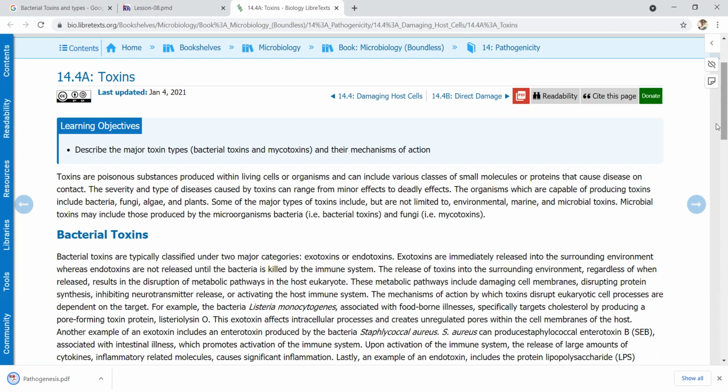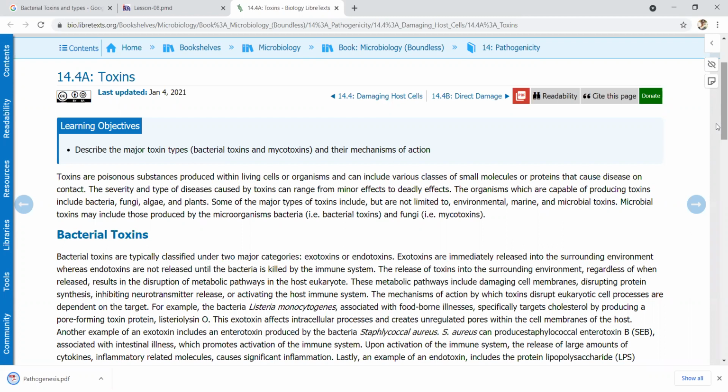When toxins disrupt the pathway, it leads to damaging cell membranes and disrupting protein synthesis. It inhibits neurotransmitter release, and when that is inhibited, it affects the nerve cells, so the nervous system doesn't function properly. Then it also activates the host immune system.